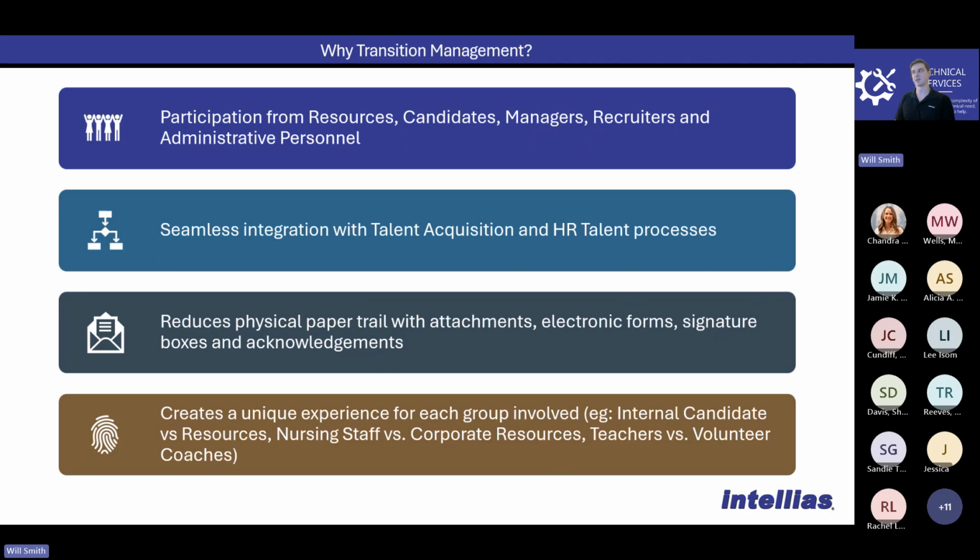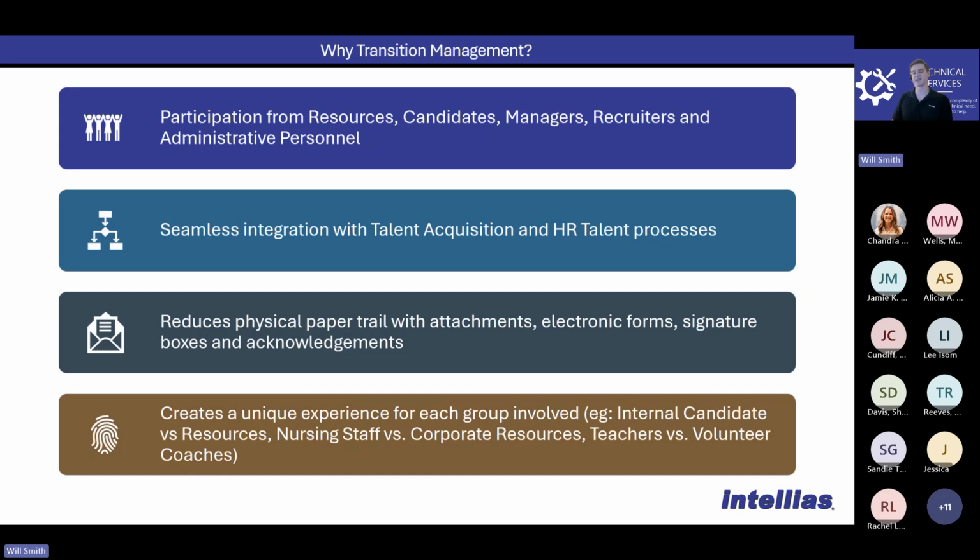So maybe when someone starts at our organization, they need to go pick up a laptop from IT, and we could have an administrative task that goes to IT that says, hey, so-and-so has just started and they need a laptop. Or maybe we have fingerprinting that needs to happen, or other things that the candidate or the resource is not doing themselves, but that someone needs to do on their behalf within the organization.